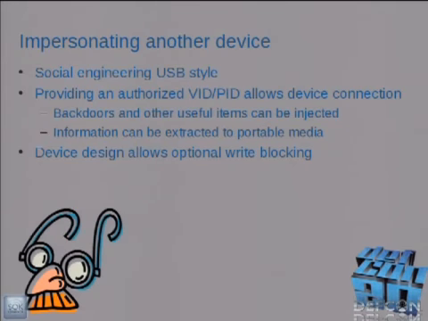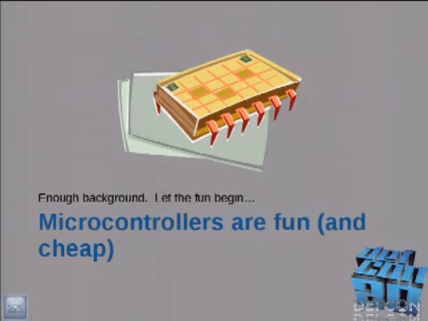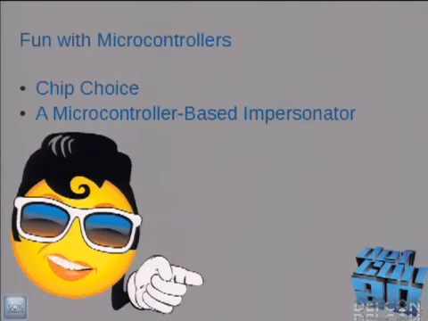So if we know what an authorized VID/PID is, we can use that fact to mount a device and then inject some code, get some stuff off of our device. Also, the device that I designed optionally allows you to do some write blocking. So we'll use some microcontrollers because they're fun and they're cheap.